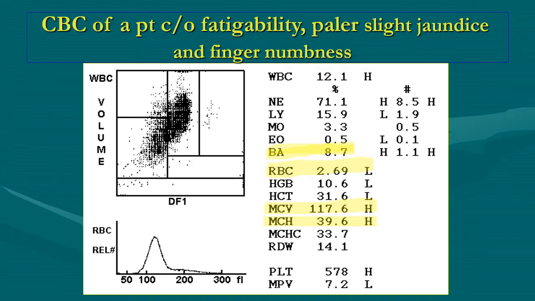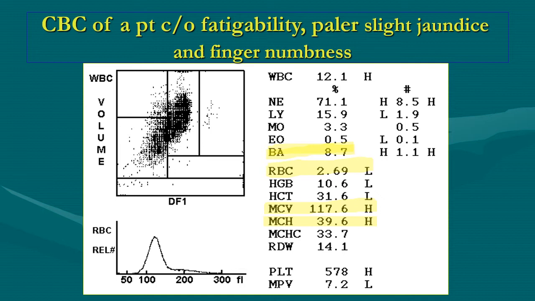For example, in this patient who is complaining of fatigability, pallor, light jaundice, and finger numbness, the mean cell volume is 117.6, and this is a high MCV. In this case, this is called macrocytosis. Macrocytosis, large cell volume. And the mean cell hemoglobin will also increase, 39.6.